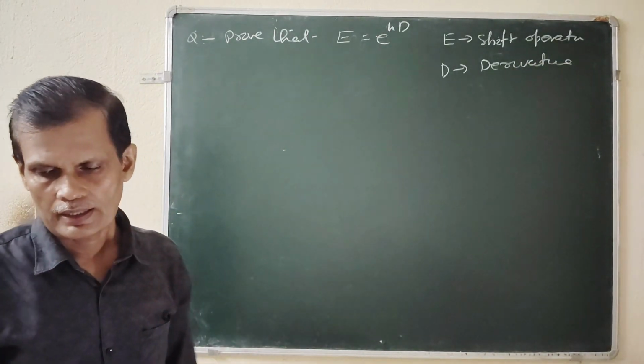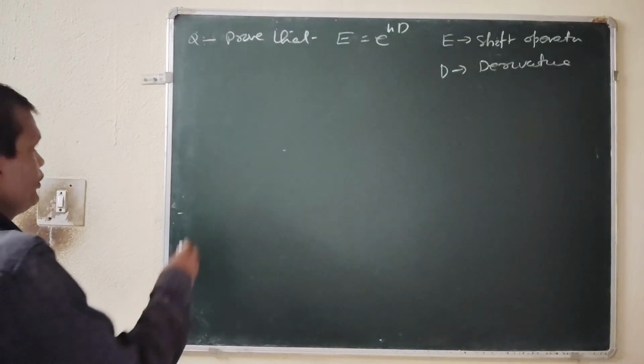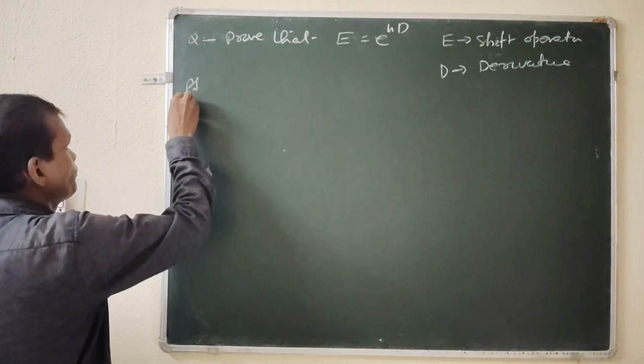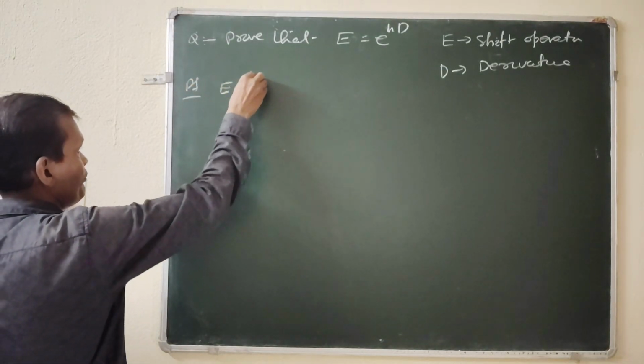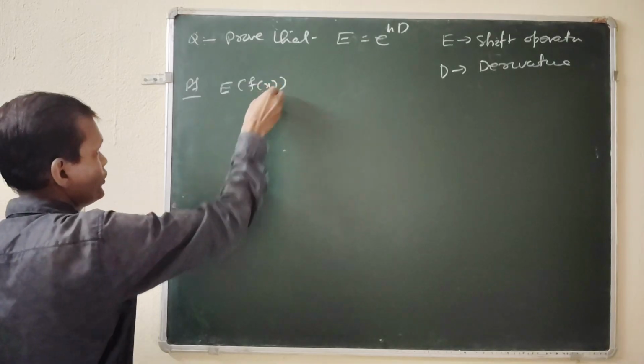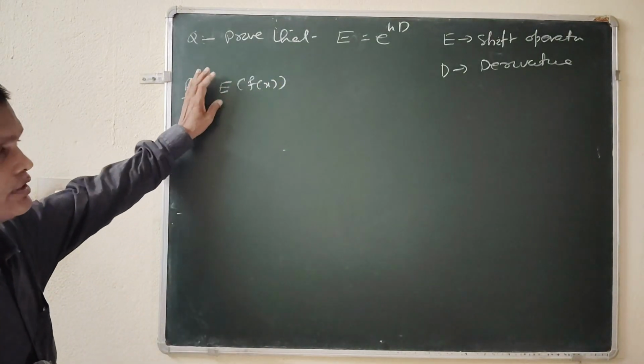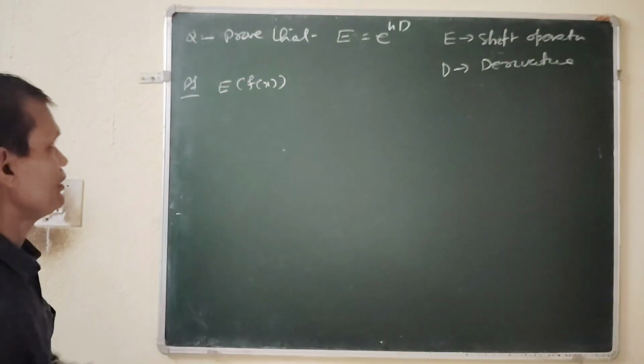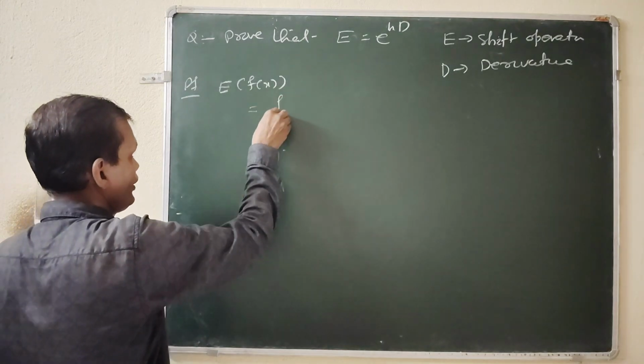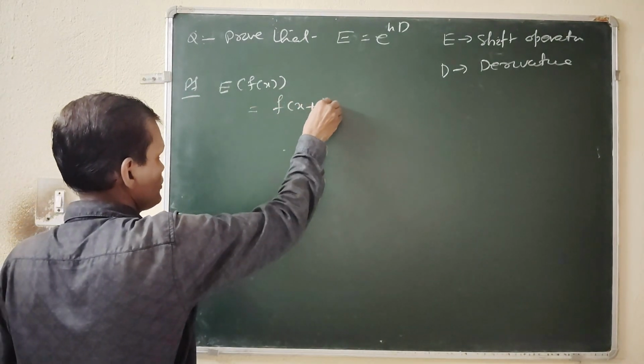Now you see how we are proving it. We know E of f(x). What is the duty of E? E just shifts the function by one step. E of f(x) is equal to f of x plus h.